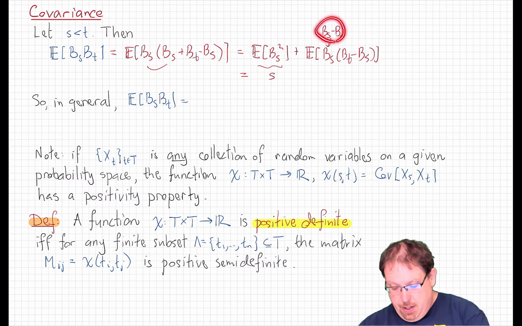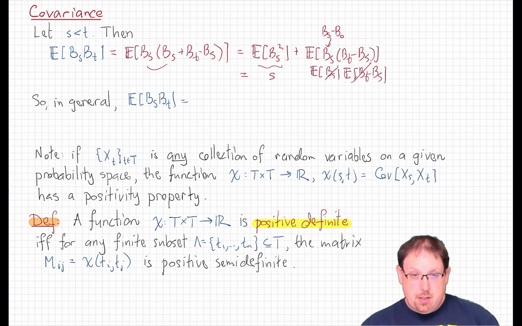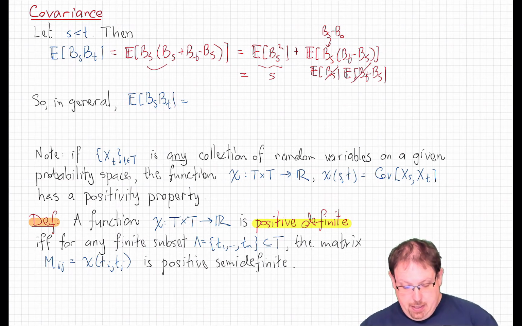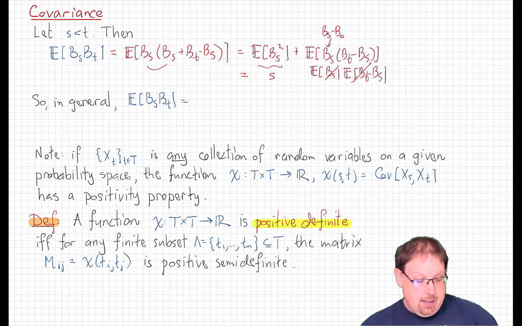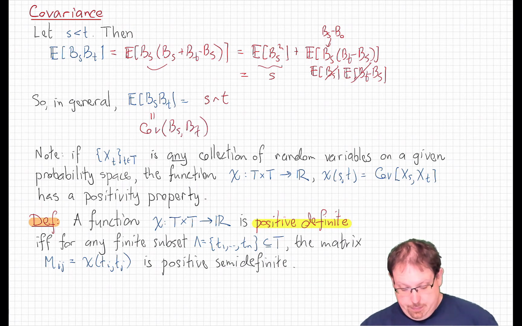These two are independent from each other, and therefore this is equal to the product, expected value of B_s times the expected value of B_t minus B_s, but those are both 0. And so we see that the covariance of B_s and B_t, in the case where s is less than t, is just s. And by reversing the roles of s and t, we see in general that it is s min t. As we noted, this is the covariance of B_s and B_t.